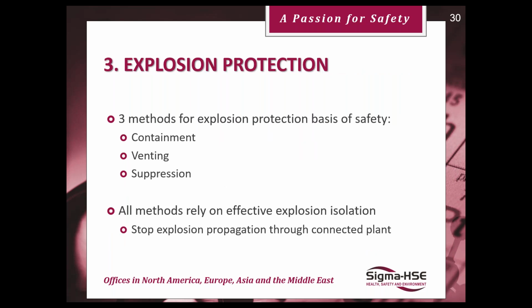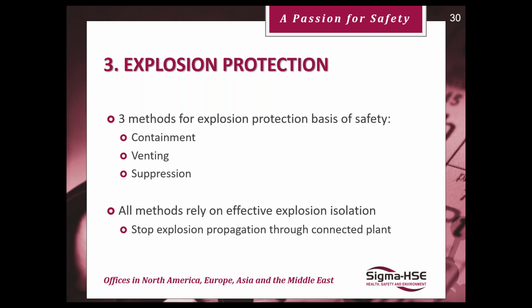Explosion protection is dealing with the ignited event, and those are the three typical means of doing that: containment, venting, and suppression. This is why if we're going to use containment, we need to understand the maximum pressure that the explosion can attain. If we want venting to be effective, we've got to make sure the vent is of sufficient area and opens at a low enough pressure so it can deal with the rate of pressure rise occurring due to the explosion in the equipment.